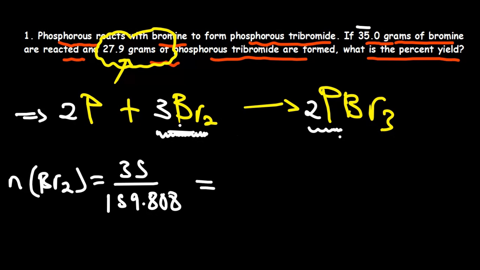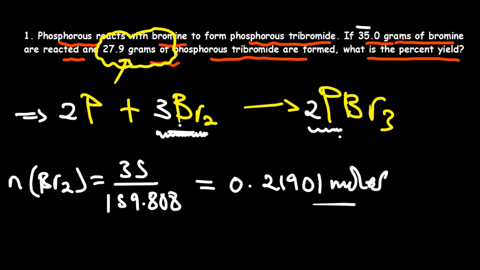Punch this onto our calculator: 35 divided by 159.808. I'm getting 0.2190901. These are moles of bromine.